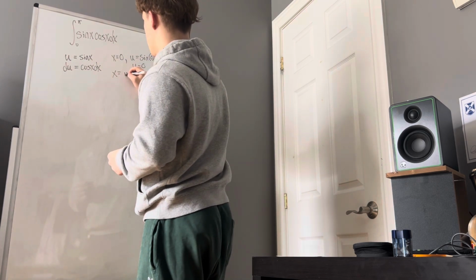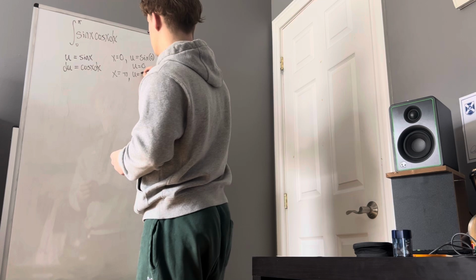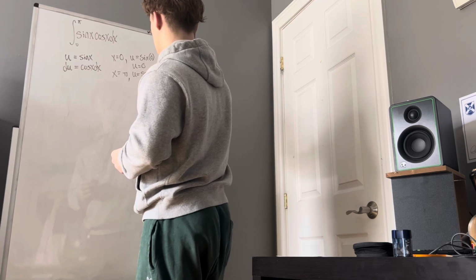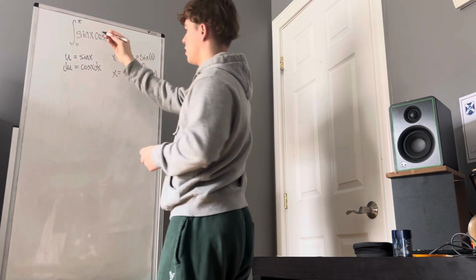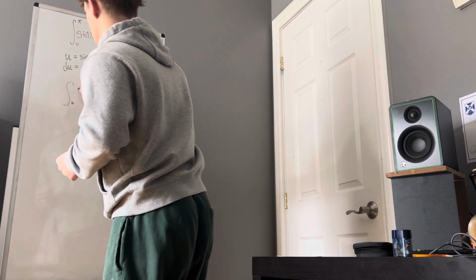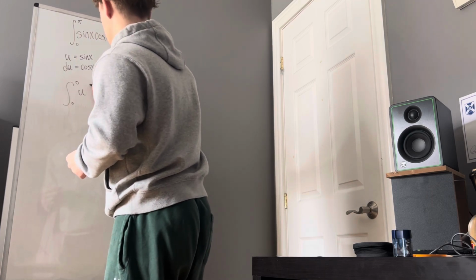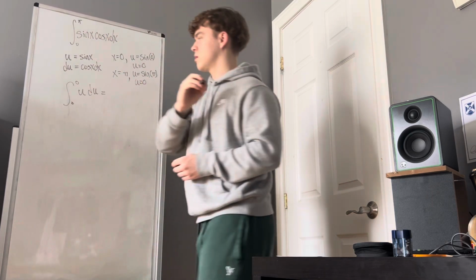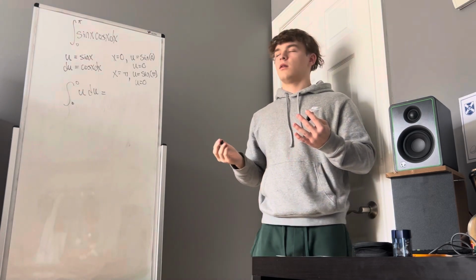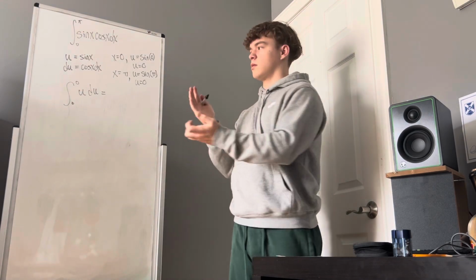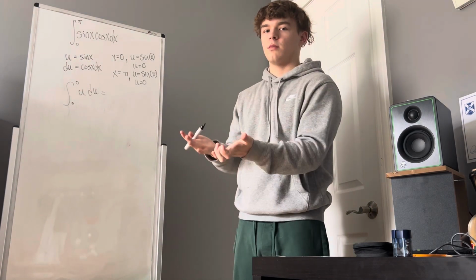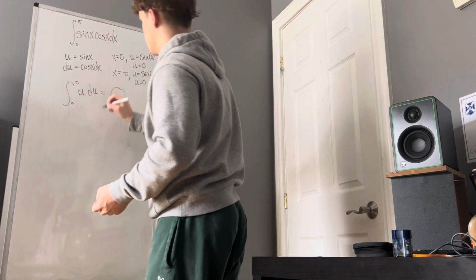When x equals pi, u equals sine of pi, which is also 0, which means we have the integral from 0 to 0 of u du. If we have an integral from just one point to the same point, there's going to be no area there, so this is just 0.